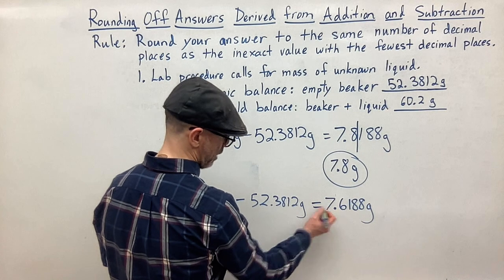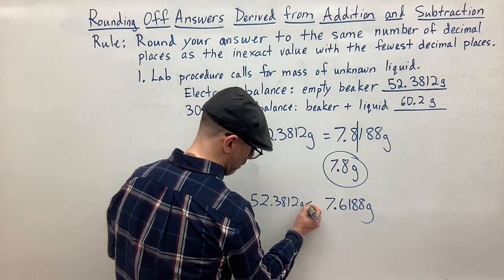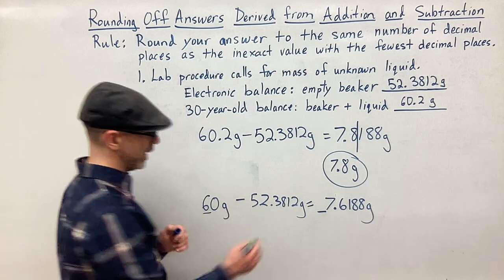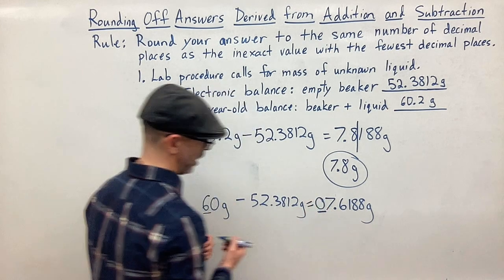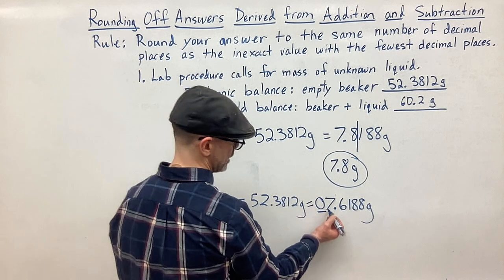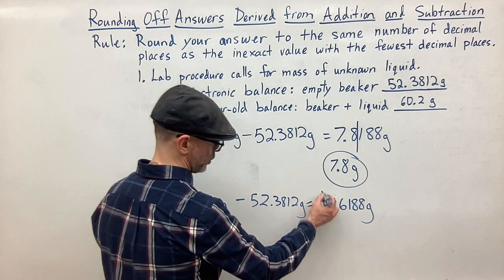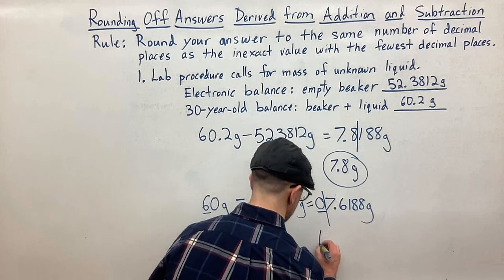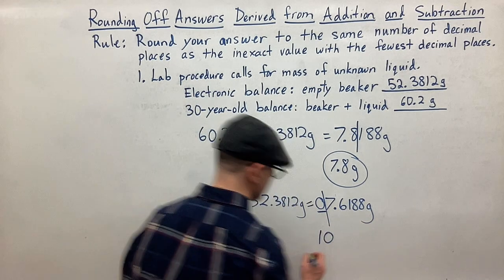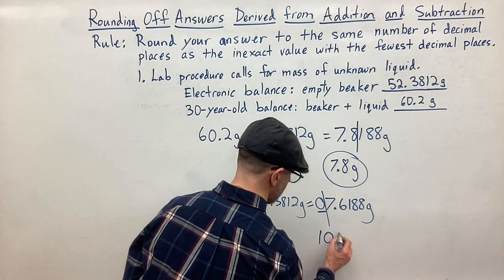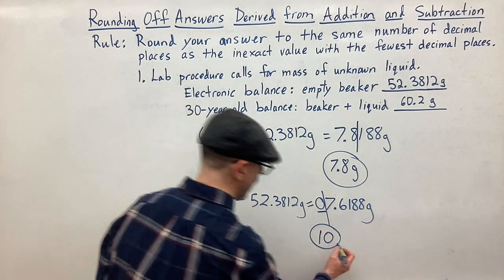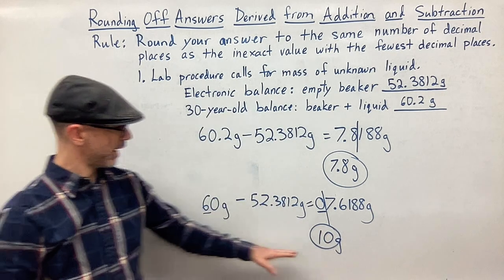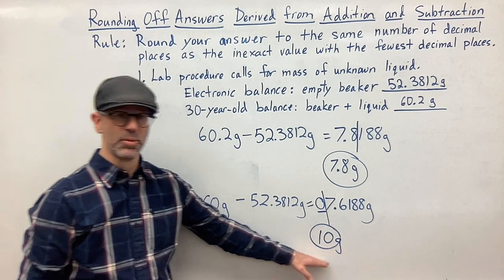If I move this over, this place here is the place of significance, right? So here we have a 0 there. So then this 0 gets raised up. If we drop it off of there, then that's going to become a 1. And then we put a 0 there as a placeholder. And so 10 grams would be the value that we would write. So that would be the proper recording.